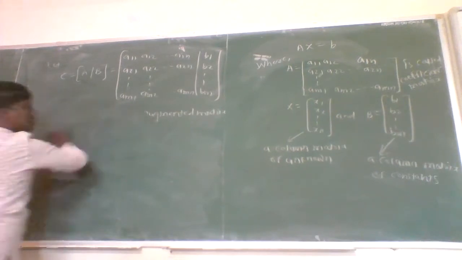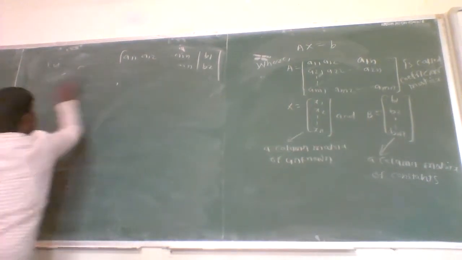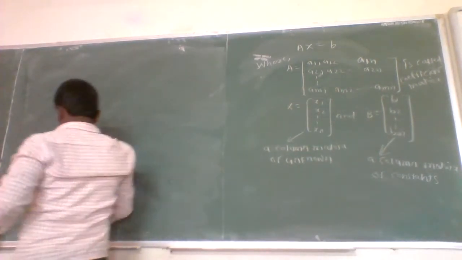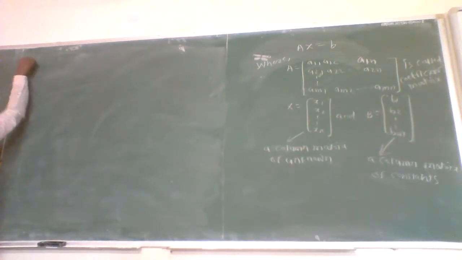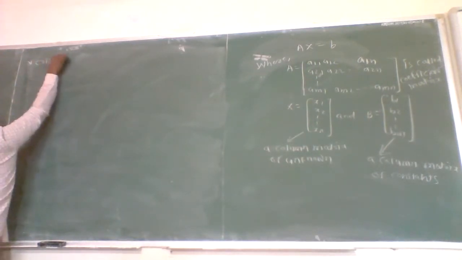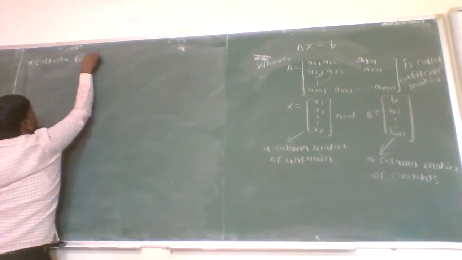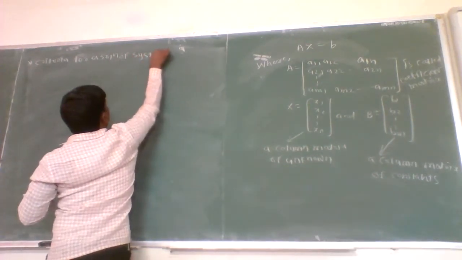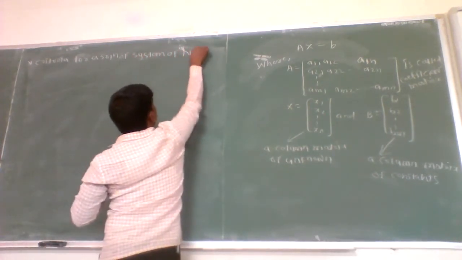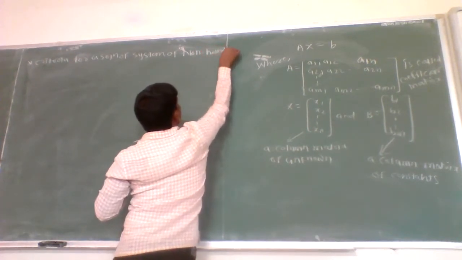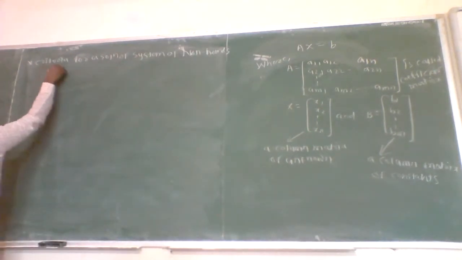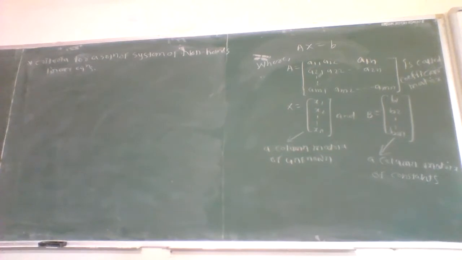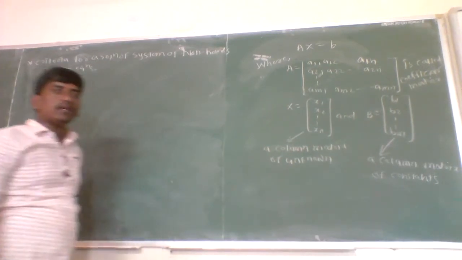Now we have to see the criteria to find out the solution of a homogeneous and non-homogeneous system of linear equations. Criteria for a solution of a system of non-homogeneous linear equations. That is, how will you find out how many solutions will be possible for the given non-homogeneous system of linear equations.